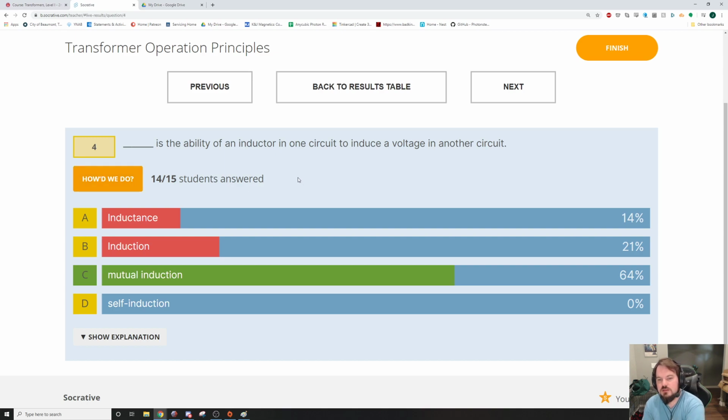Mutual induction. So, that happens all the time. There's always mutual induction happening. Usually it's negligible, so we ignore it. But if you read between neutral and ground with a voltmeter, you will see that there is actually a voltage going between the neutral wire and the ground wire.